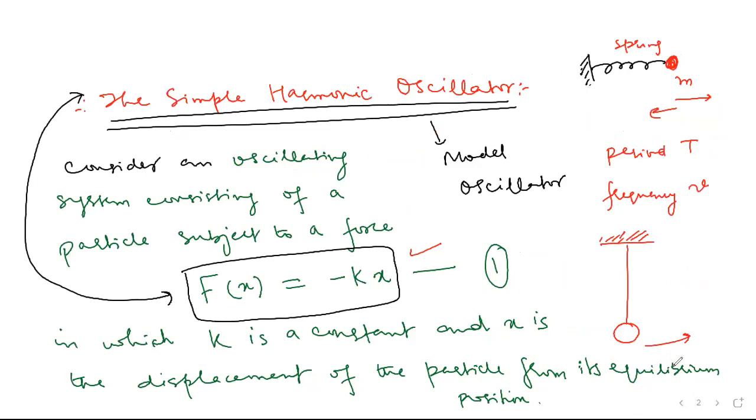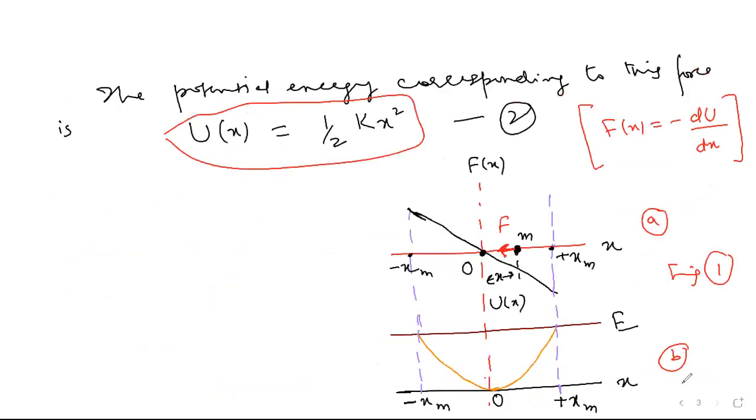So as you can see, as indicated in equation 1 and plotted in figure 1A, the force acting on the particle is directly proportional to the displacement, but is opposite to it in direction.